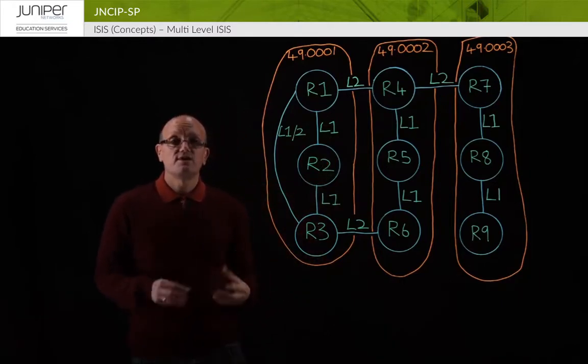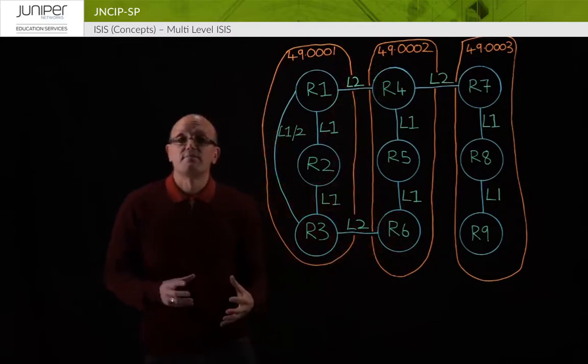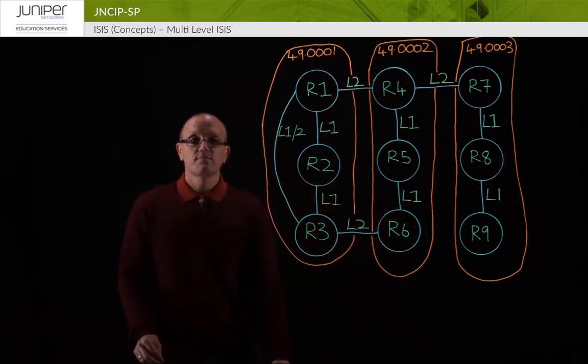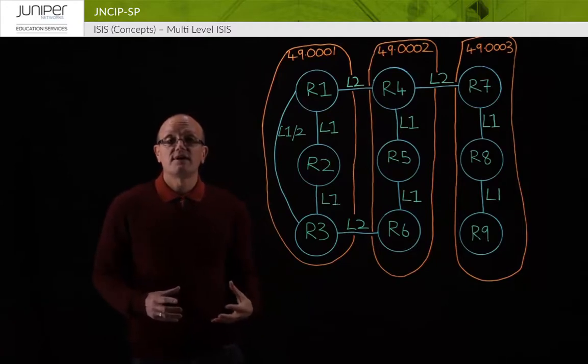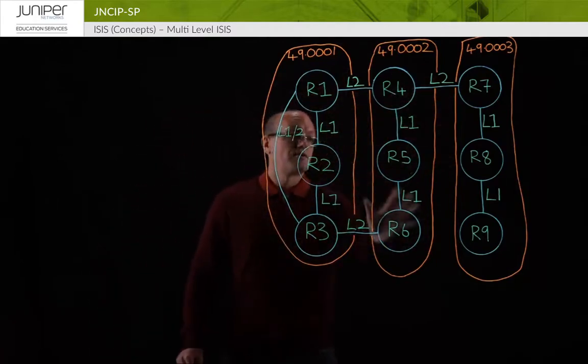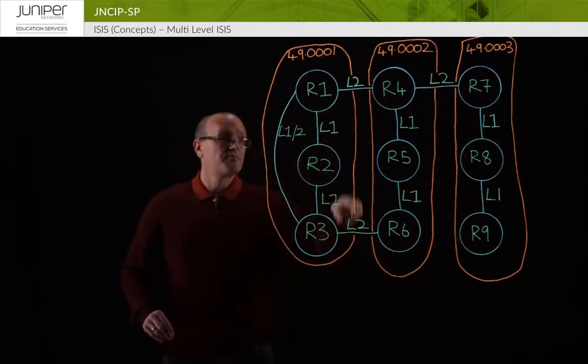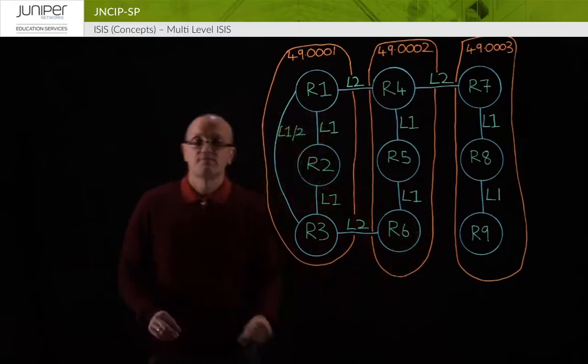Those link state PDUs do not get beyond that level boundary. So we have link state PDUs for level 1 flooding here, and here, and here, but they're not flooding across these level 2 adjacencies.